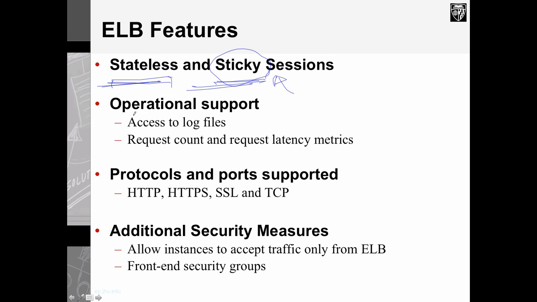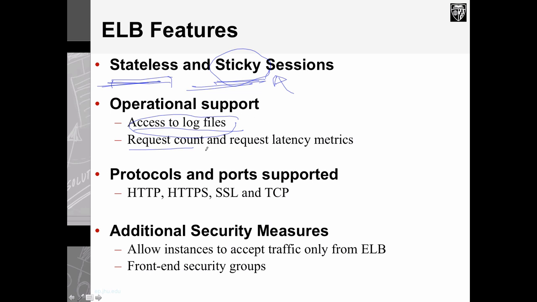For operations support, we have access to the log files that ELB generates, so we can know what kind of traffic we are getting, from which IP addresses, and what kind of requests. Those log files can be preserved in an S3 bucket. In addition, ELB provides a lot of CloudWatch metrics. Some of the metrics we'll look into are request count, request latency, and backend errors.